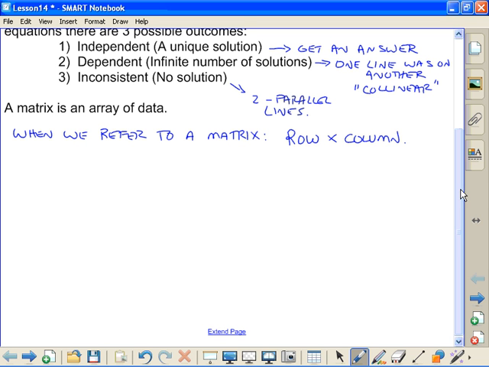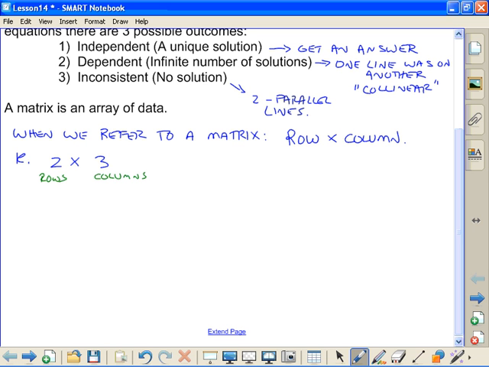So what are we talking about? Some examples. What would a 2 by 3 matrix look like? Well, 2 would indicate that there's 2 rows, and 3 would tell you how many columns. So that would mean that I would have 2 rows of numbers and 3 columns.